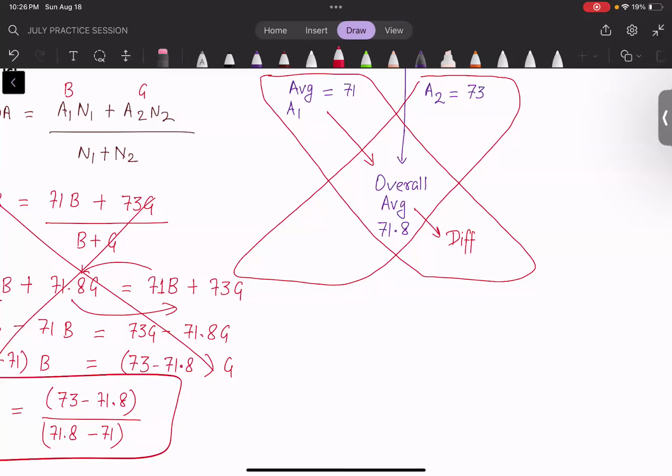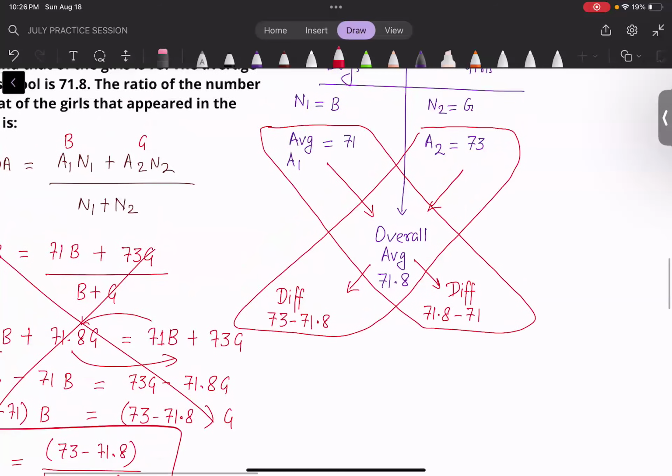What is the difference of 71 and, okay, let's write this way first. 71.8 minus 71. Again, make an arrow this way and write the difference, 73 minus 71.8. Now try to very carefully observe.